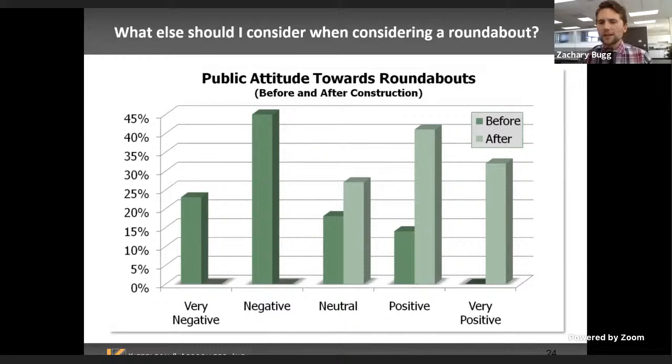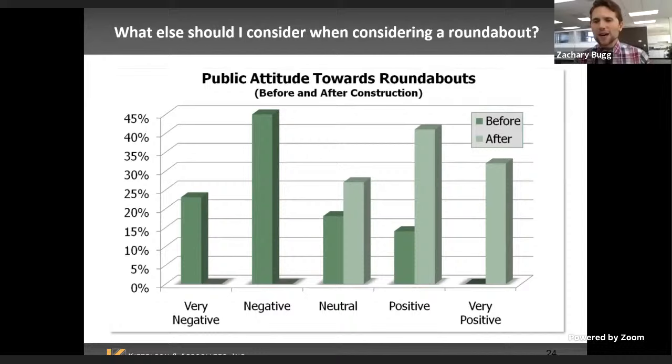But in populated areas where there's a lot of roundabouts, you probably don't need to do a huge amount of public involvement anymore. What we've seen in a lot of surveys of communities with roundabouts is that before the roundabout comes in, nobody likes it, but as soon as it's constructed and people are able to experience the benefits, their reaction actually becomes much more positive.